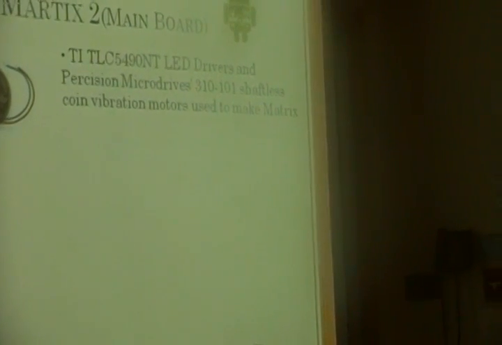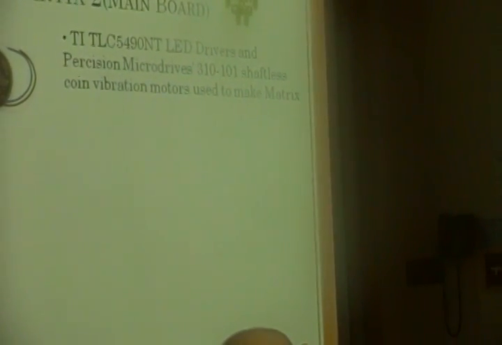Here is the 8x8 matrix on the user's upper back. Each pin of the TLC chip gives a proper output current to drive our motors, and we chose the Shiful coin vibration motors because they give good haptic feedback on the skin.